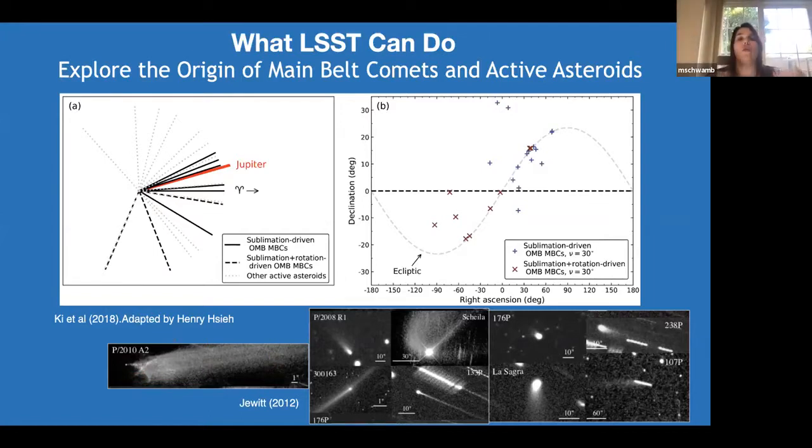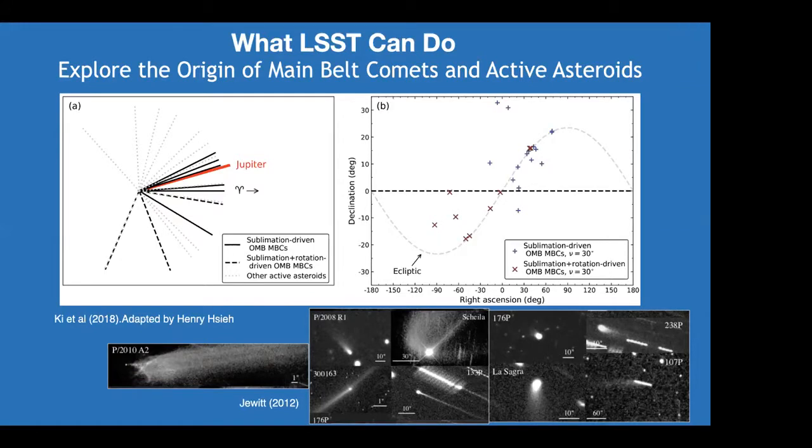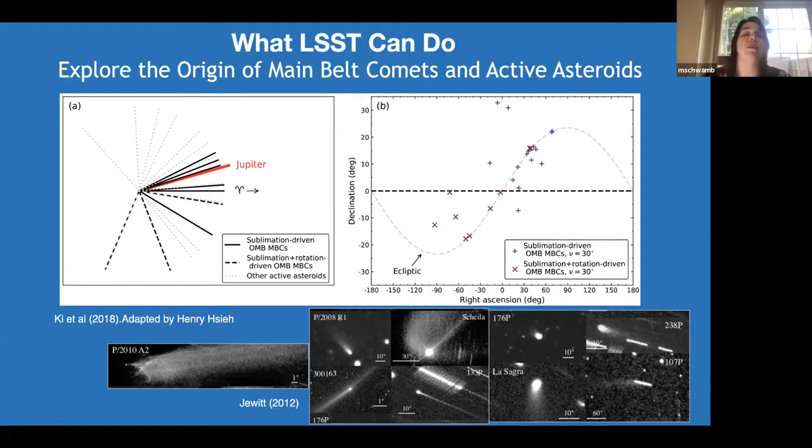So again, by having this large number of objects and so many observations with LSST monitoring the sky nightly for solar system objects, we'll be able to know when these objects go off. When we first start to see cometary activity, we can slew our telescopes and see how this evolves and pick out which ones we think are due to water ice, and whether we see this correlation with Jupiter's orbit, or whether they're things that might be collisions, and learn more about what's going on in collisions in the main belt asteroids.